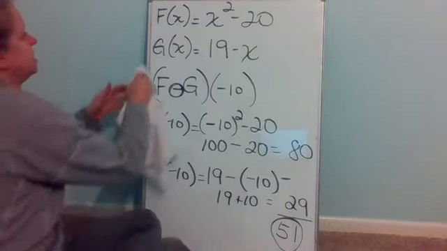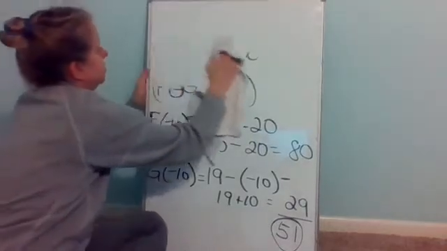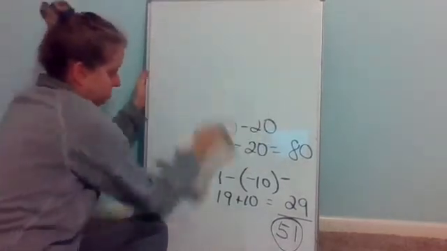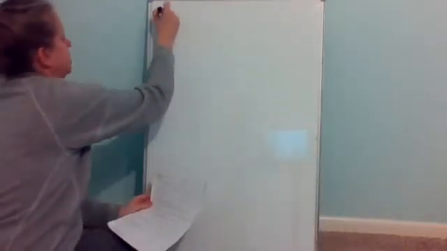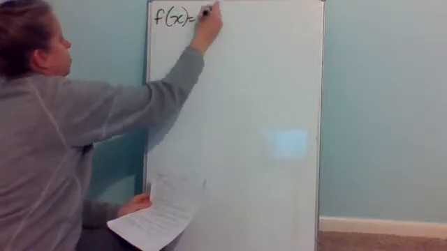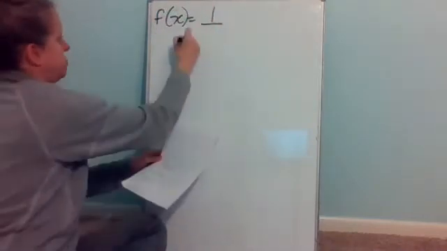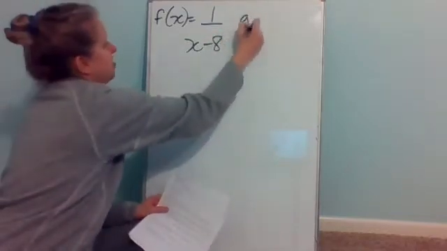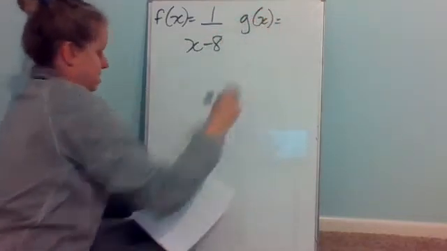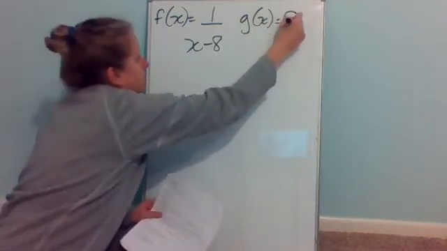All right, number 14. Gives me two functions. Again, 1 over x minus 8 is my f of x function. G of x is 9x to the third.